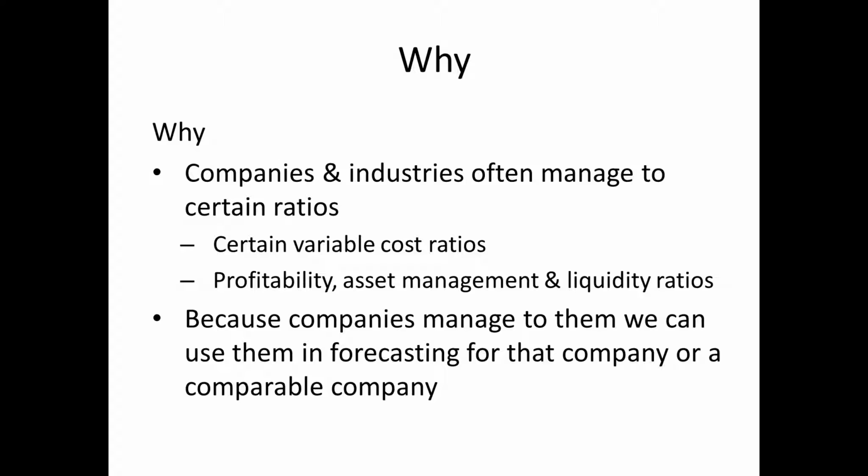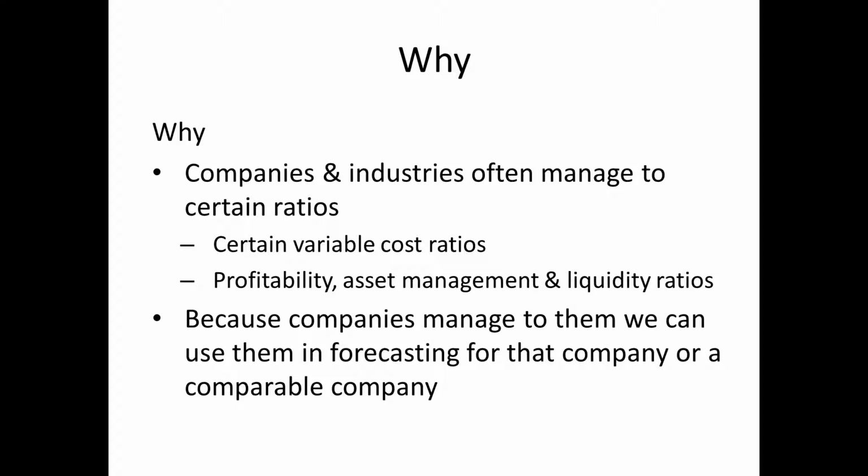Other things that we'll point out, because it's relevant for later in the class: companies and industries often manage to certain ratios. So, for example, they may have a certain variable cost ratio or profitability or asset management or liquidity ratios. And because they manage to these, if you were going to work for a firm and forecast what they're going to do into the future, you could use that as a reasonable set of assumptions or a range of assumptions for ratios between values going into the future, and that helps you with your forecasting.